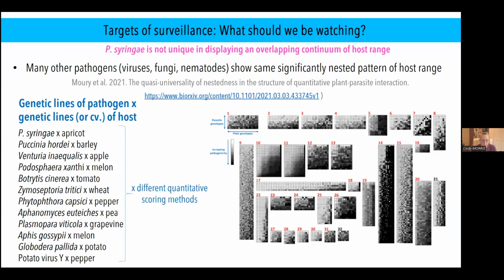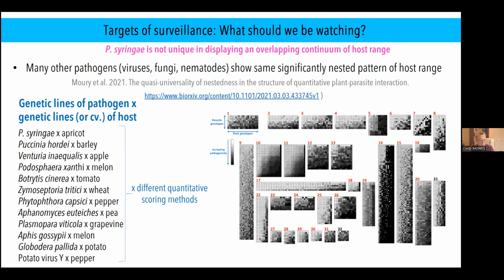To go a little bit further, when we saw this overlapping continuum idea in Pseudomonas syringae, my feeling was, oh yeah, everybody's going to say it's just Pseudomonas syringae, it's just unique. But some colleagues gave us data sets for a dozen host pathogen interactions that they had themselves.